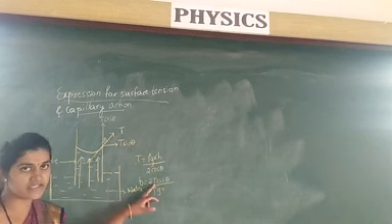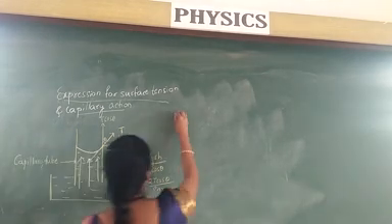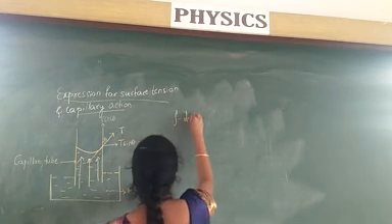T is the surface tension. Now rho is the density of the liquid.